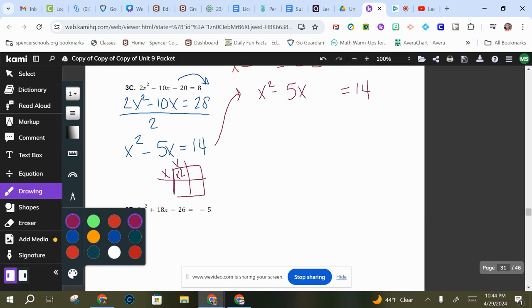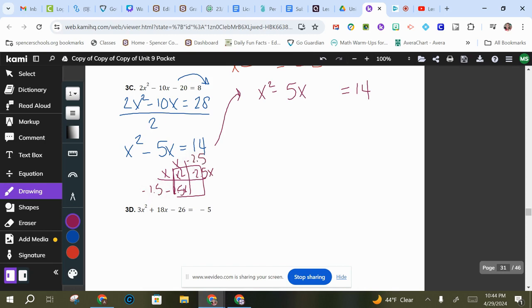X squared and x. Since it's a negative 5, I split that in half, which makes 2.5x and negative 2.5x. And if I multiply negative 2.5 times negative 2.5, I'm going to get 6.25. So that's going to be my new C down here in this corner. So add 6.25 to both sides.